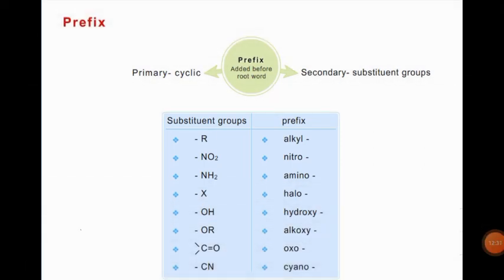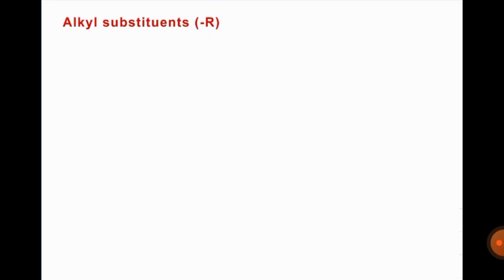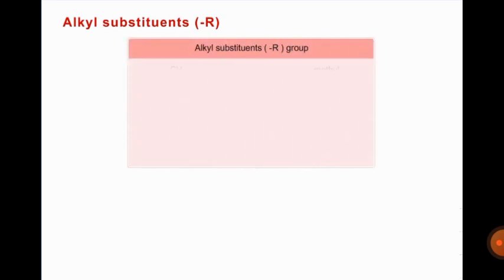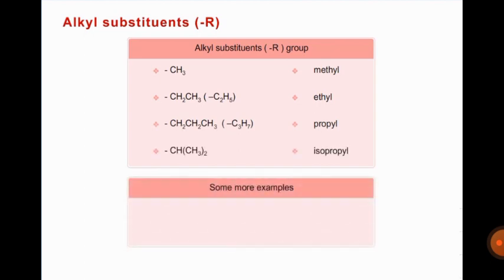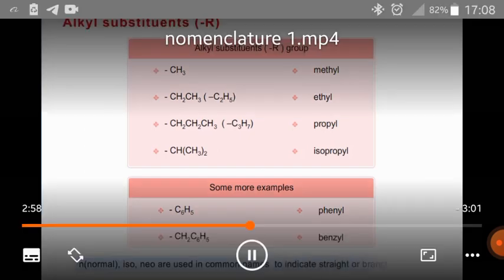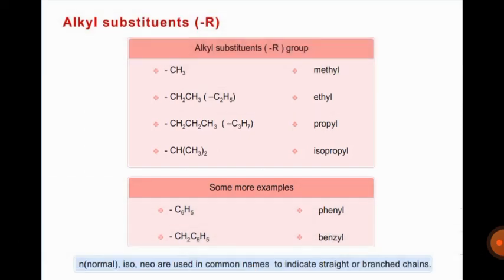Now let's learn about a few of the alkyl substituents. Here a few alkyl substituents are given and their names mentioned. For example, methyl is CH3, ethyl is CH2CH3, propyl is CH2CH2CH3.